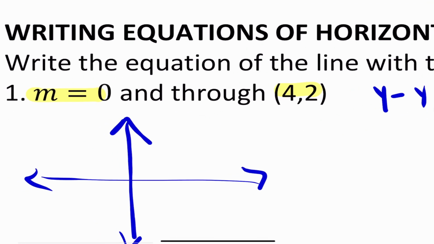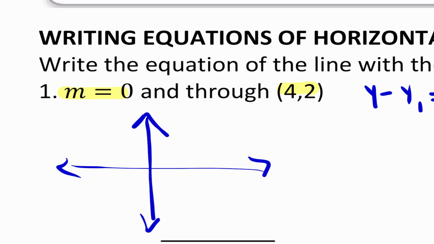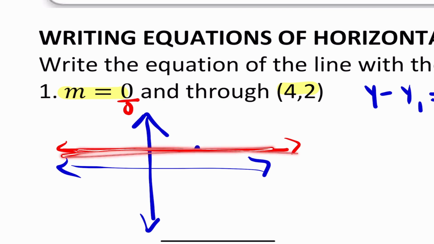So if we draw a picture, and 4, 2 is right here, the slope means it's rising 0 and running 0. It should look like this, right? So then, what is the equation of this? If we're talking about the horizontal line here, where does it intersect the y-axis? Right here, right? So if this is 4, 2, then this has to be 0, 2.